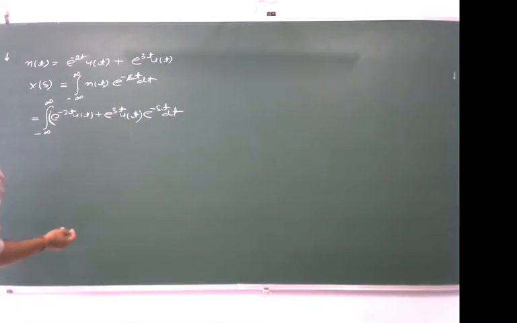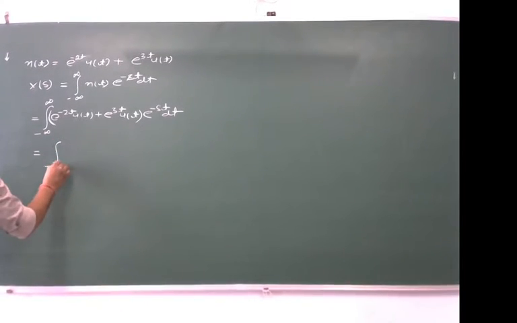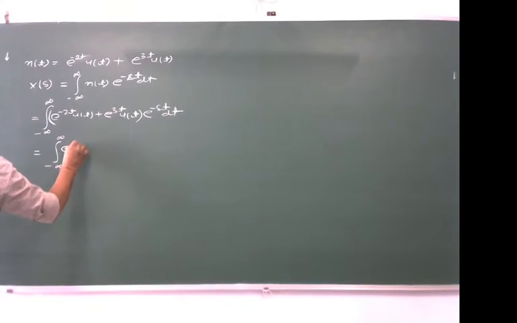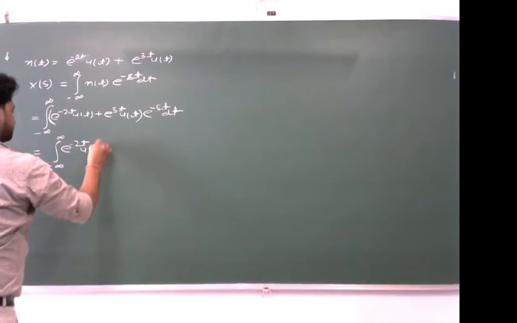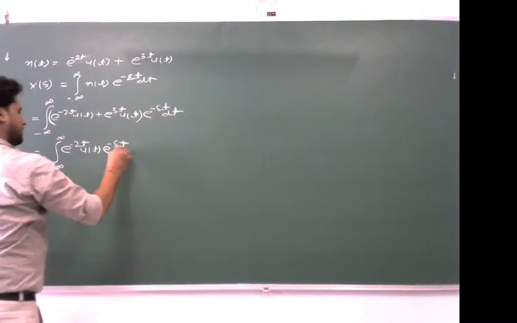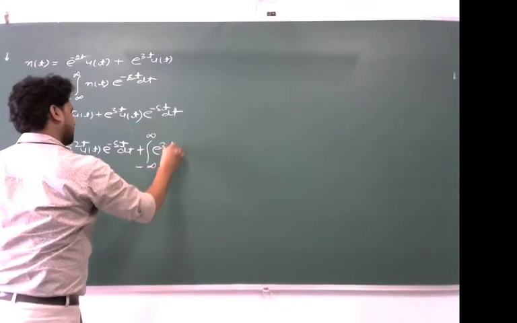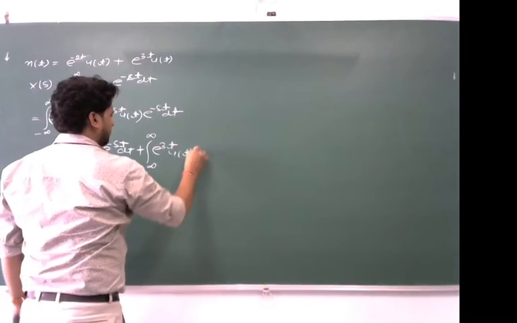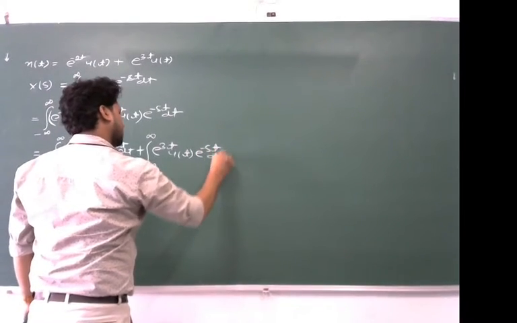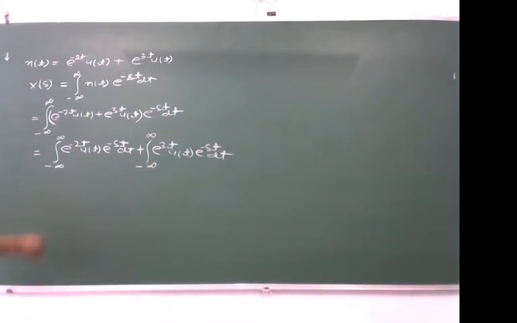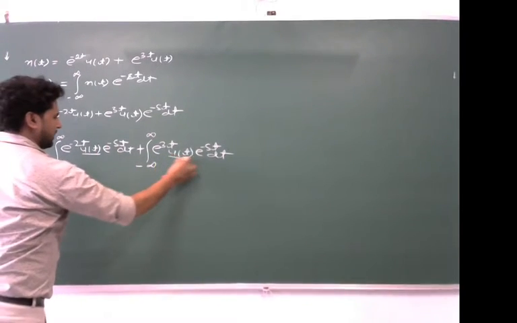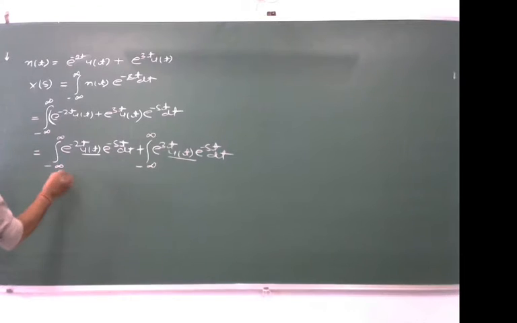This can be further simplified, and we can distribute the integration inside the bracket. Because u(t) is given in both terms, the limit will become from 0 to infinity.